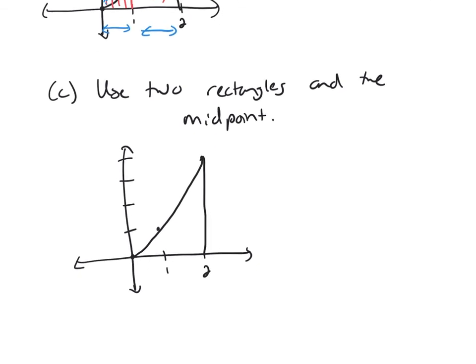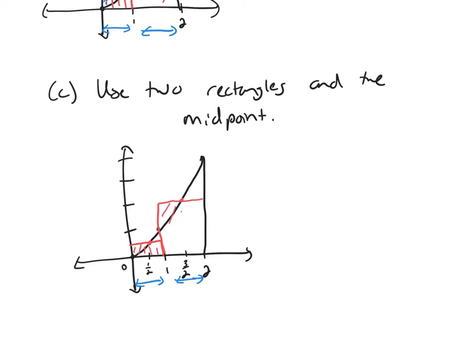So again, I have 2 rectangles, so I'm looking at a rectangle from 0 to 1 and a rectangle from 1 to 2. And now the height will be the midpoint halfway between in these widths. So halfway between 0 and 1 is 1/2, which means I'm right here. So that will determine the height of my rectangle. And halfway between 1 and 2, that's 3/2. So that'll be right there. And that will determine the height of my rectangle.